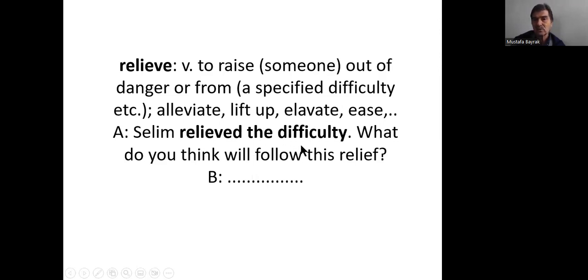Selim relieved the difficulty. Yes. What do you think will follow this relief? Yeah, it is natural that after relief comes grief, and after grief comes relief again. These are the rhythms of life.